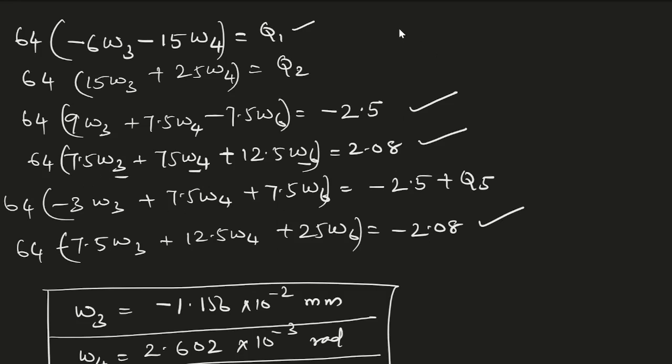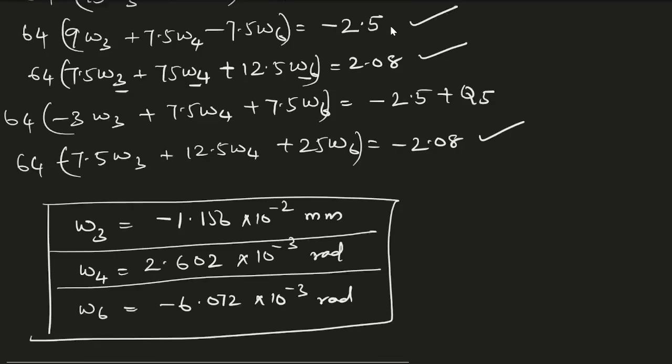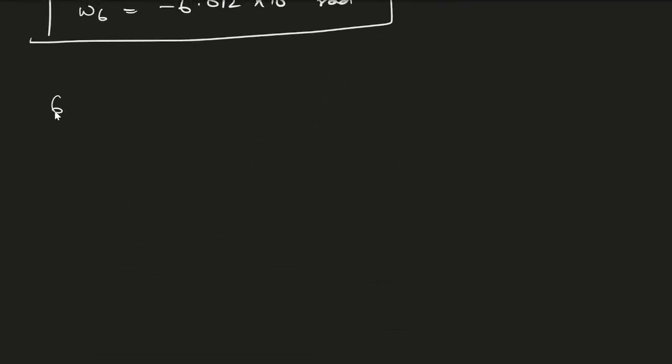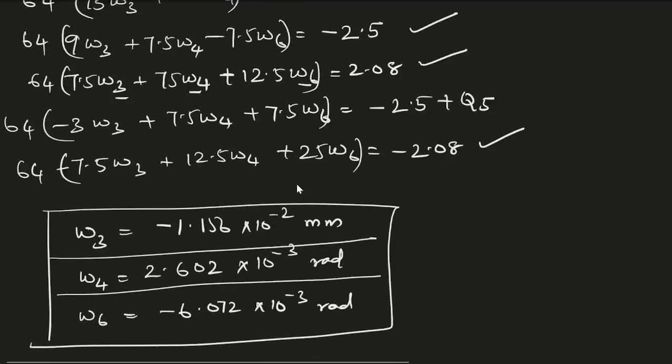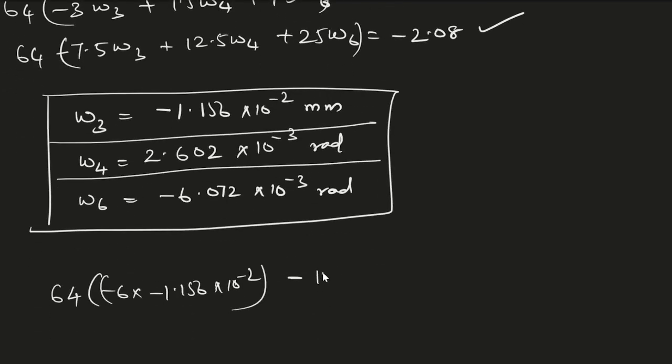Here if I put the values, I'll write it down. So 64 into minus 6 into W3, which is minus 1.156 into 10 power minus 2, minus of 15 W4, which is 2.602 into 10 power minus 3. This is equal to Q1.